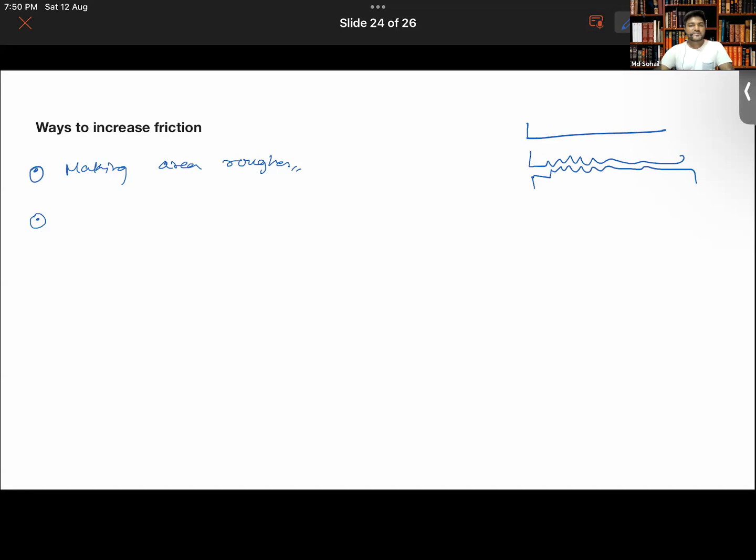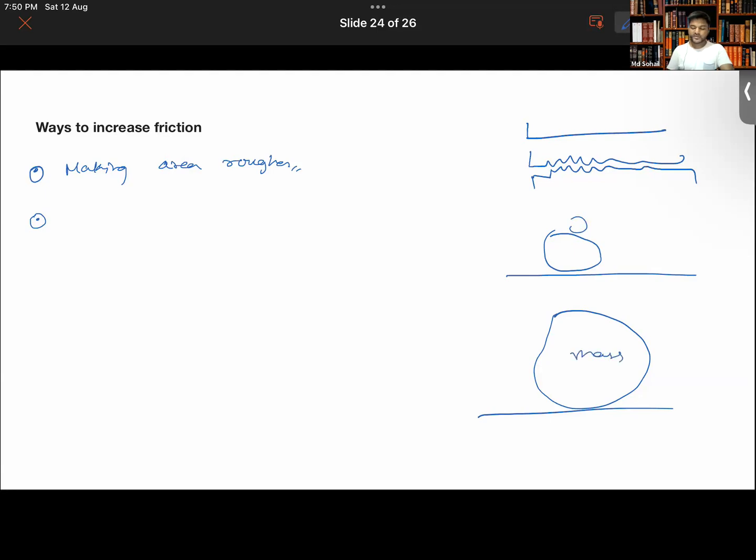Suppose you were to increase the mass of the object that is moving. For example, you are sliding a small piece of stone on earth. Now you have got a bigger piece of stone, or you have tied so many stones to it, right? So the mass has increased here.